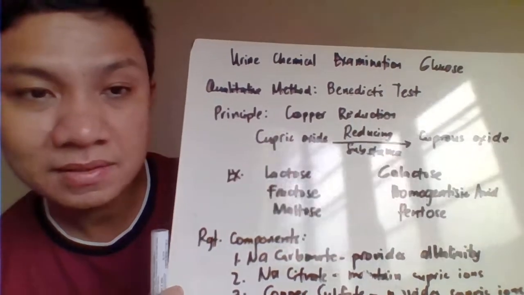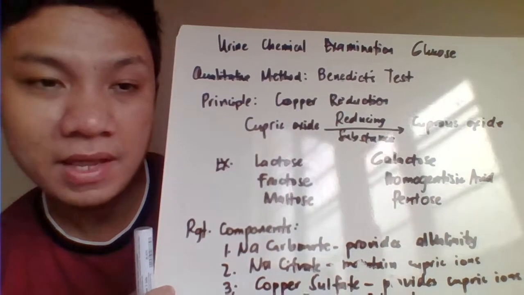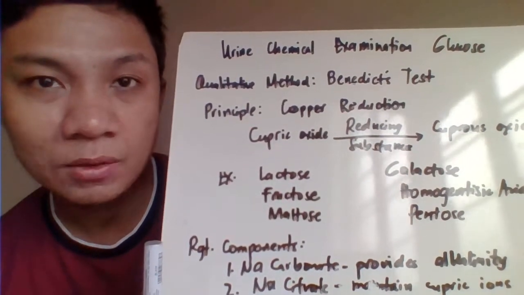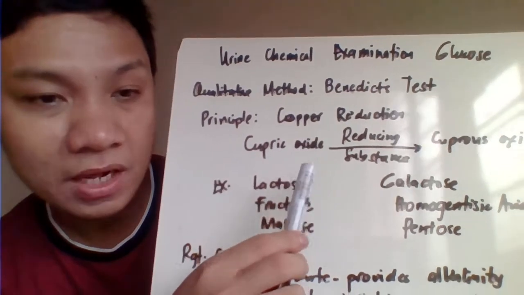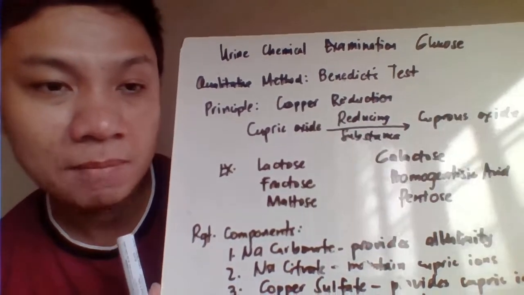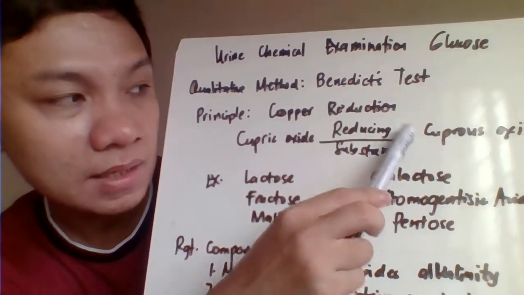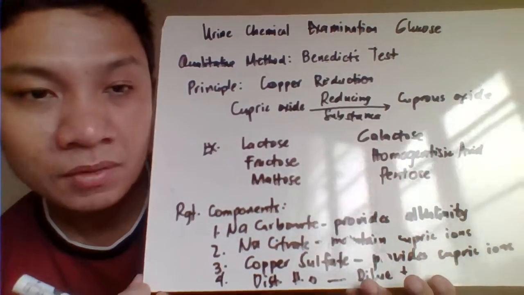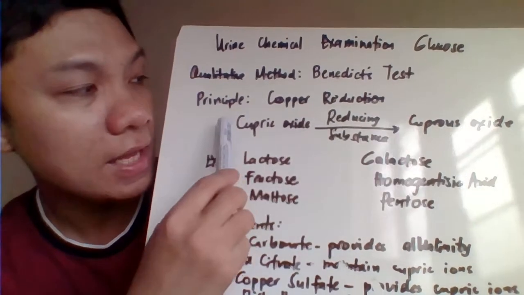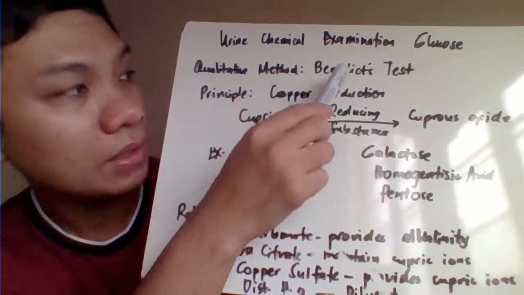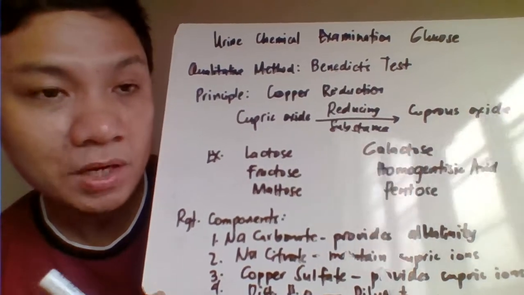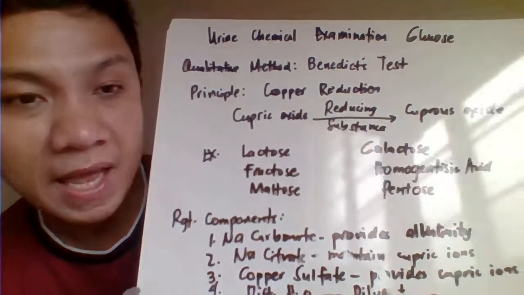So the Benedict's test would require the use of your Benedict solution. The principle works on copper reduction. Basically, it's based on the ability of the reducing substances, including your glucose, to reduce your cupric oxide, which is incorporated in our Benedict solution, to cuprous oxide.